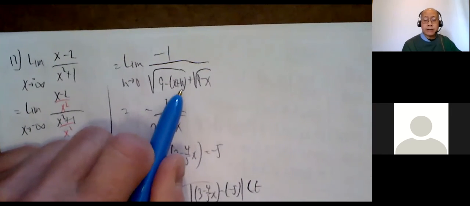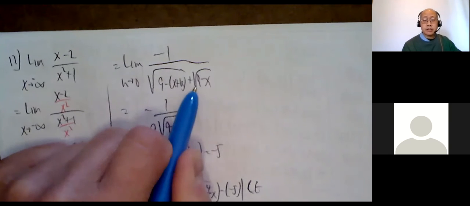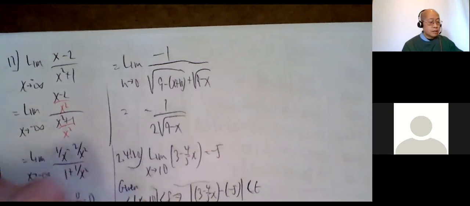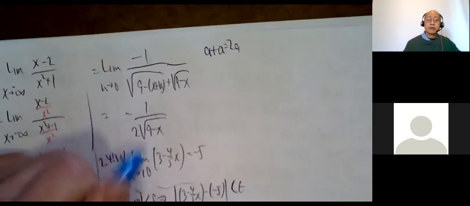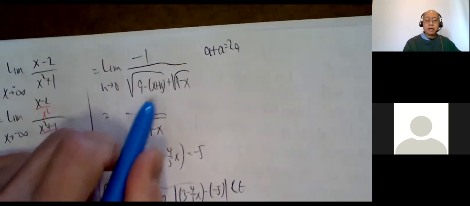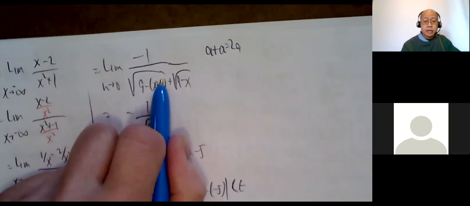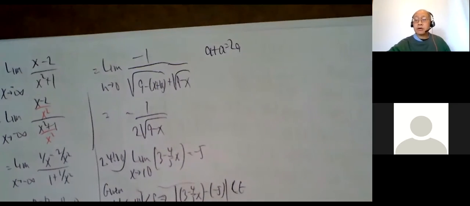Okay, so put a 0 right there. Put a 0 there. You have radical 9 minus x plus another radical 9 minus x. That's 2 radical 9 minus x. Algebraically, it's the same as a plus a is 2a. Right? If I have one of an object plus another of the object, I got 2 of them. So if you put a 0 here, it's radical 9 minus x, and then you're adding another radical 9 minus x, so you have 2 of them. Okay, so I think that answers the question.